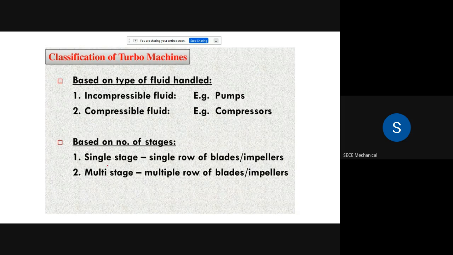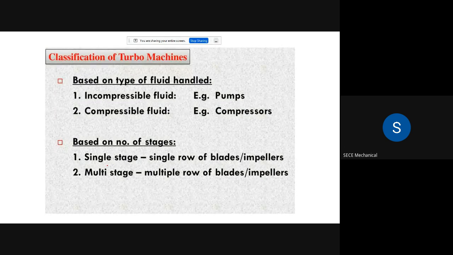So based upon the type of fluid handled, we are getting extraction of power, producing power, or adding power for both liquids and fluids. Fluids involve both compressible and incompressible.